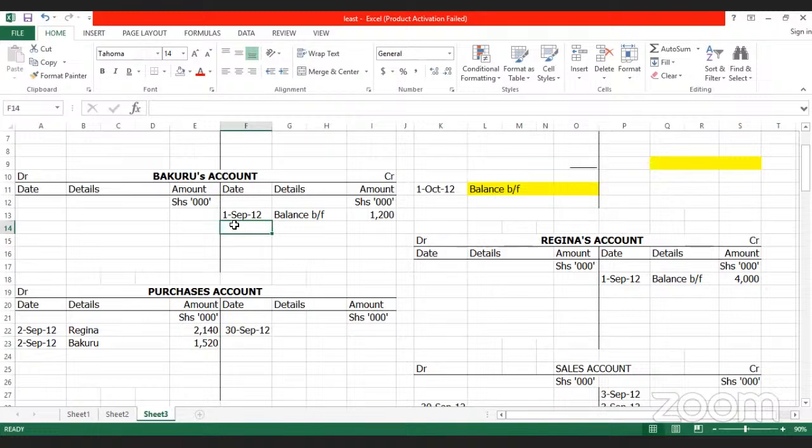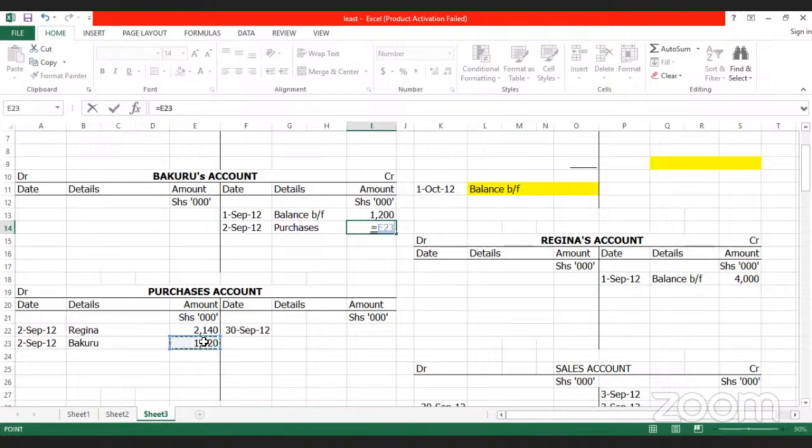On 2nd September 2012, in Bakuru's account, you show that we have purchases from Bakuru, 1,520,000.